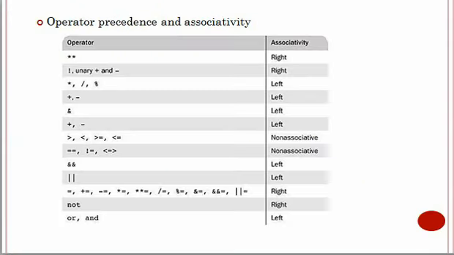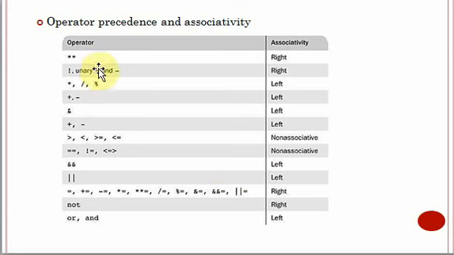About precedence, we had already seen it in the previous video. Precedence is nothing but, in an expression when you have operators of different precedence or priority, how you are going to evaluate it. We had already seen a precedence table in the previous videos.